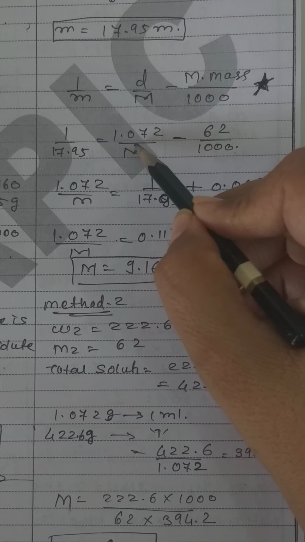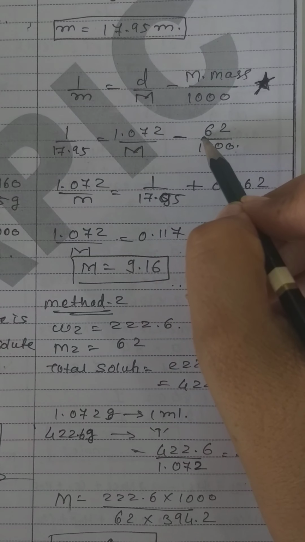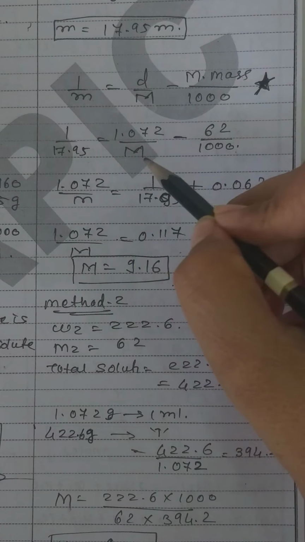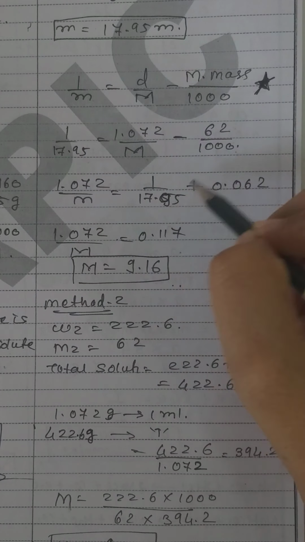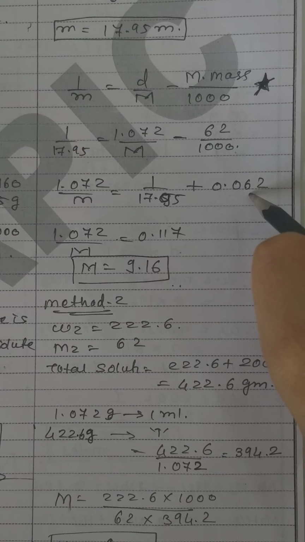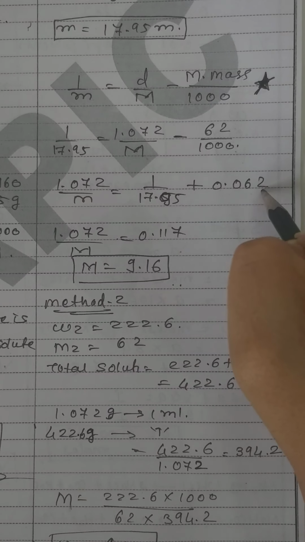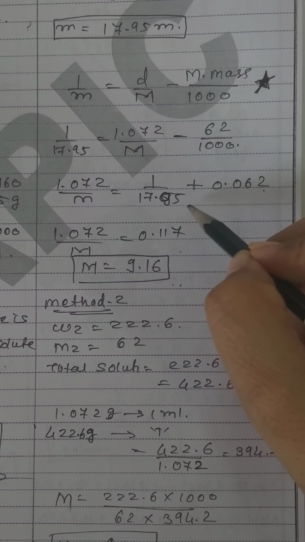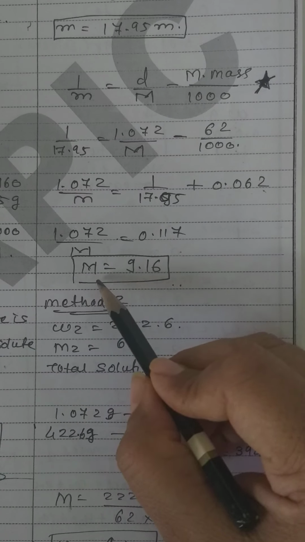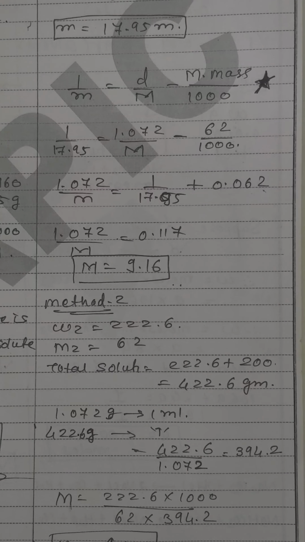What I have done, I have taken this term here, so it becomes 1.072 upon 1 upon 17.95 plus 0.062, 62 upon 1000 is 0.062. Now take LCM and you can find molarity is equal to 9.16. The maths part you have to do yourself.